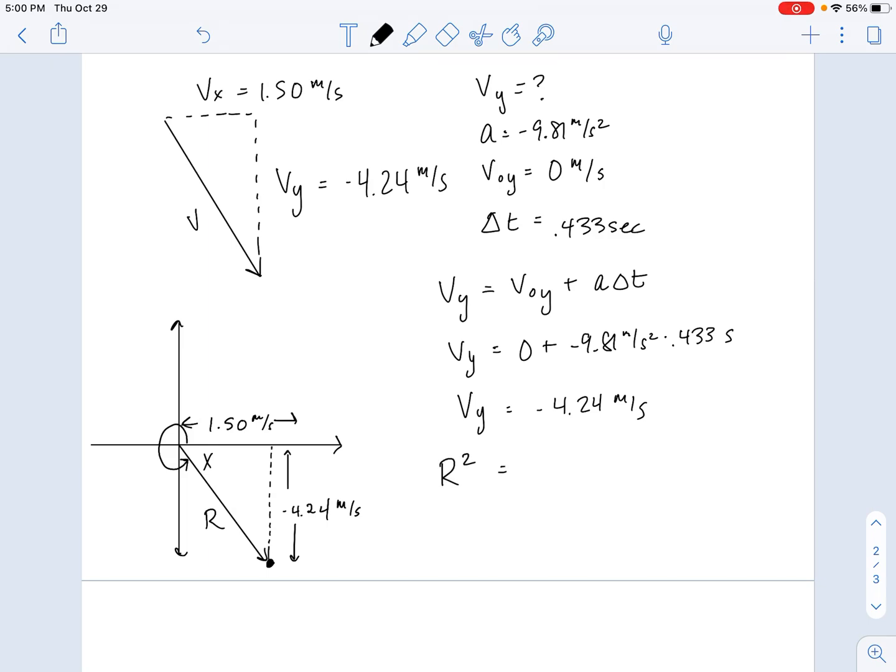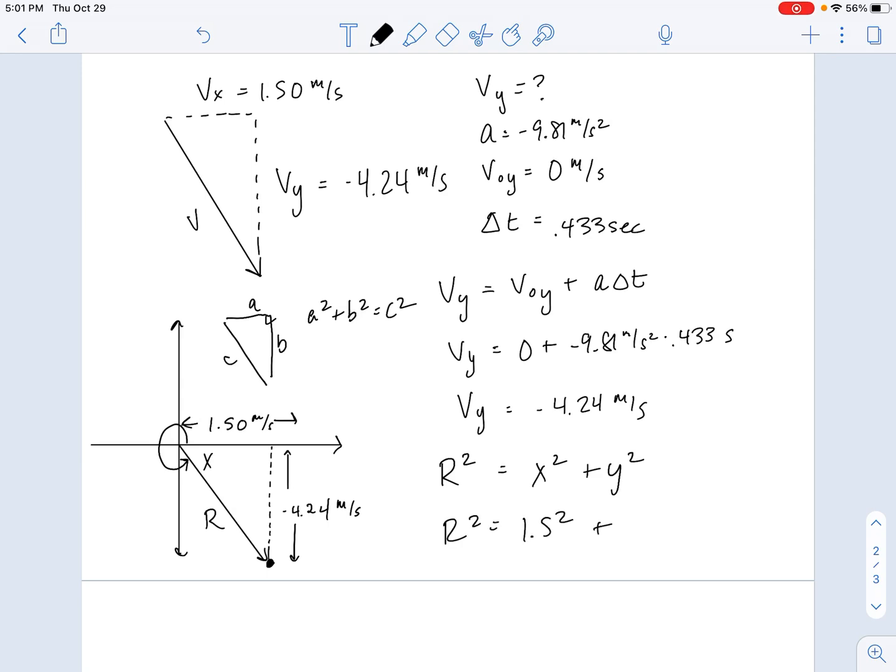To find R, I'm going to use the Pythagorean theorem. You may recall that if you have A, B, and C of a right triangle, A squared plus B squared equals C squared. Well, on the unit circle, we write it a little bit differently. The hypotenuse is R, so we say R squared equals X squared plus Y squared.